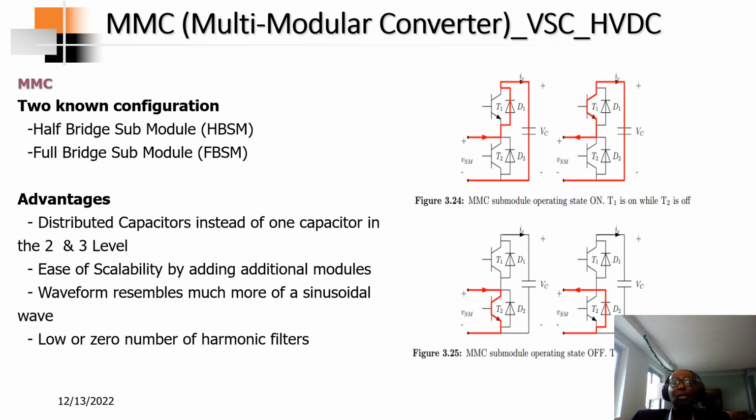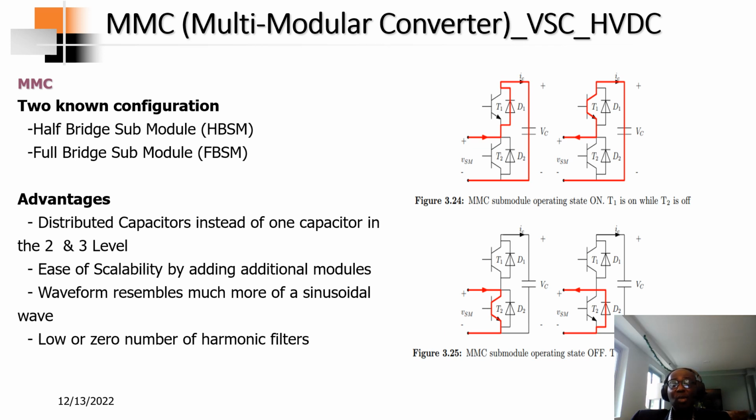Okay, so when the current is flowing in this direction, it is fully charging the sub-module capacitor. Remember, I told you that you could have hundreds or thousands of these, depending on the desired voltage and your design.